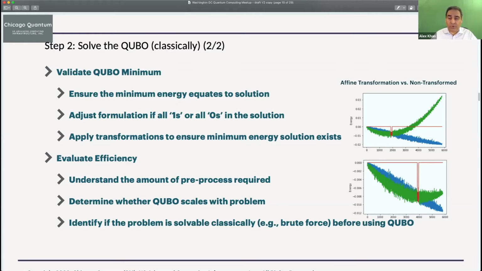Now, sometimes your QUBO could be in a way where the blue tip, rather than being at the bottom, is up on the top. So when you send it to D-Wave and it minimizes, your minimum is at 0, which is no assets. So D-Wave will say zeros generally as the best answer. What we have to do is typically put a penalty or a constraint on the QUBO that really solves your problem and brings the minimum of this landscape to where your minimum should be.